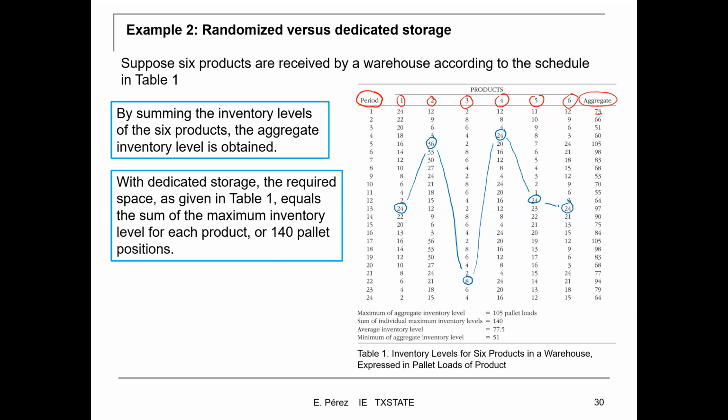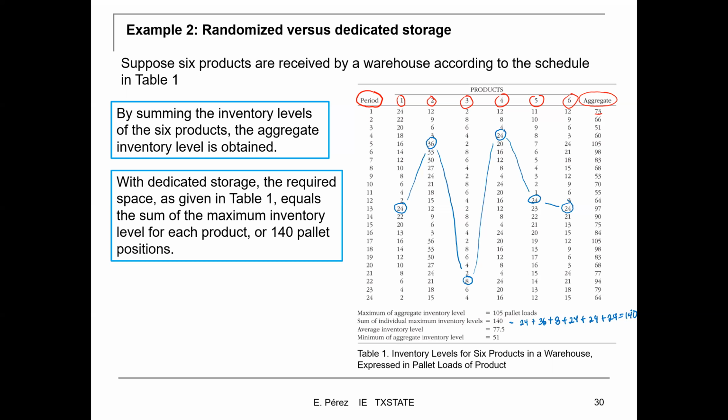And then plus 24, that's 140. So the sum of the individual maximum inventories is 24 plus 36 plus 8 plus 24 plus 24 plus 24, and that is 140.